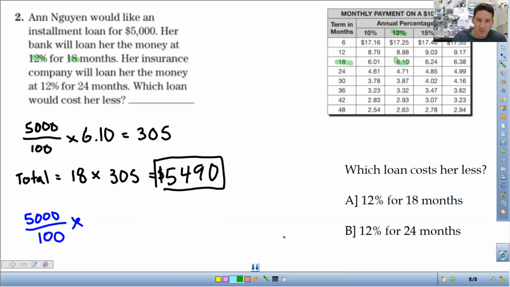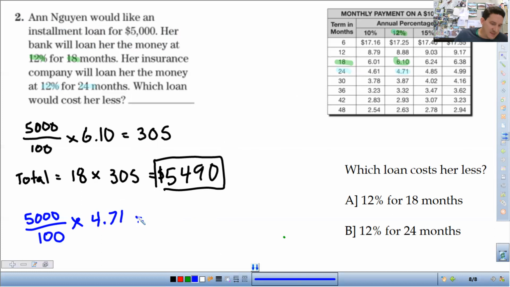So 12% again, this time for 24 months, so it's $471. And 5,000 divided by 100 times 471 is 235 and 50 cents.